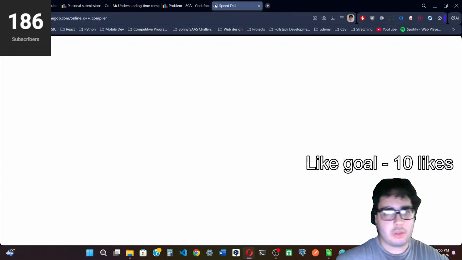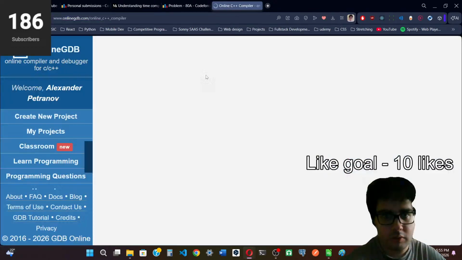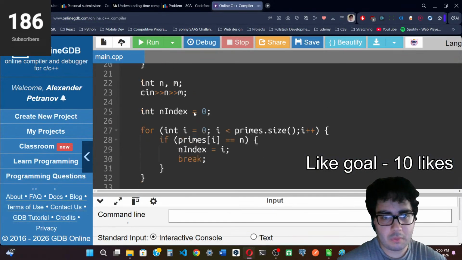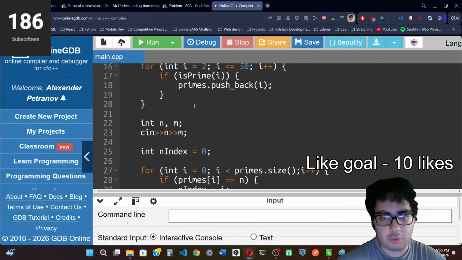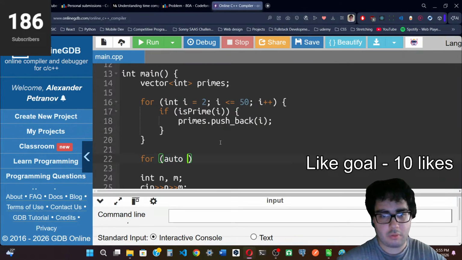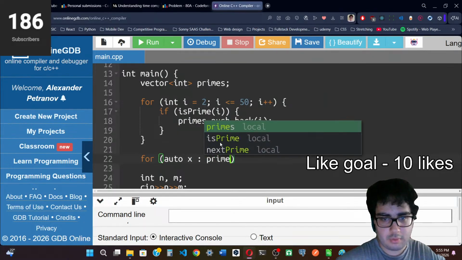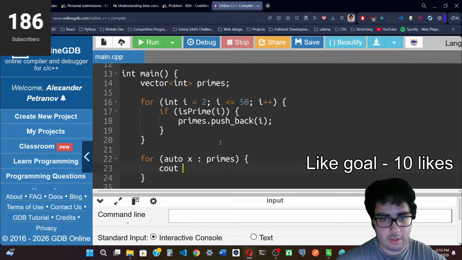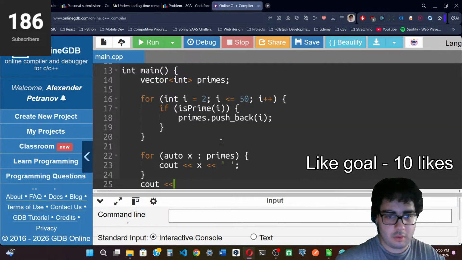So let me just open this. I'm going to cout for auto x in primes, I'm just gonna cout x, and then a new line.